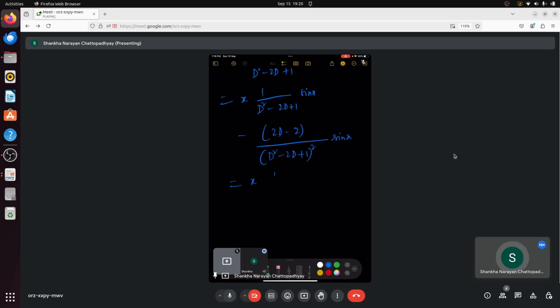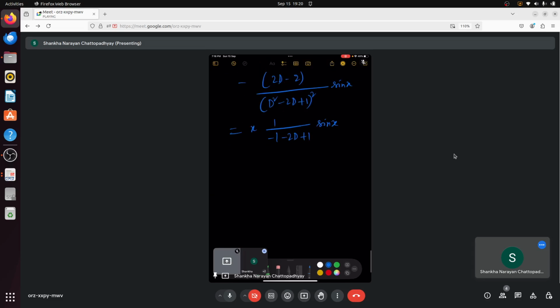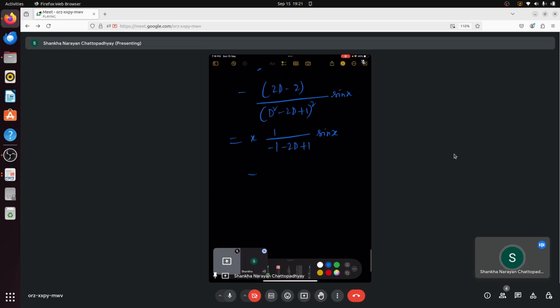So x, instead of D squared put minus 1, minus 2D plus 1, minus, this D squared put as minus 1, minus 1 square plus 1 whole square, sin x.